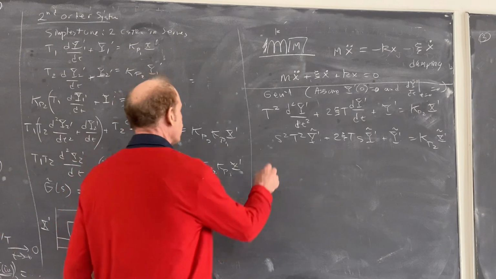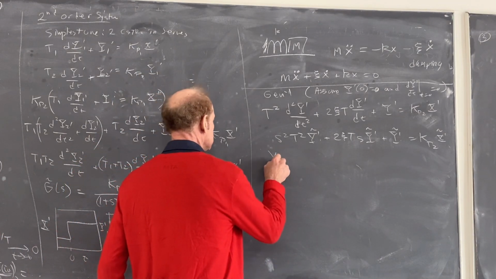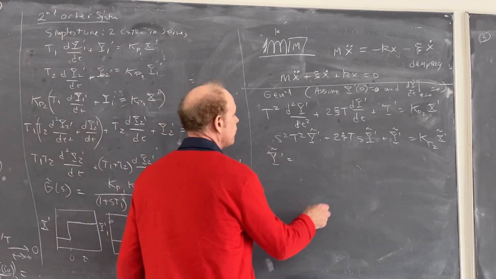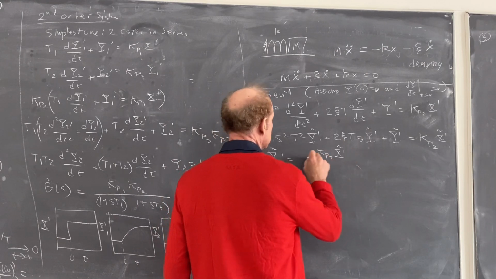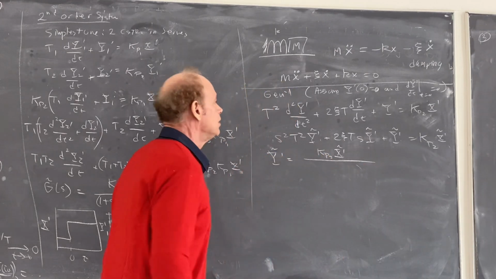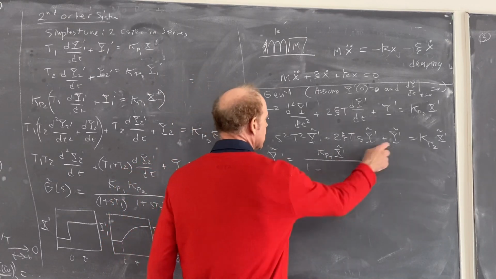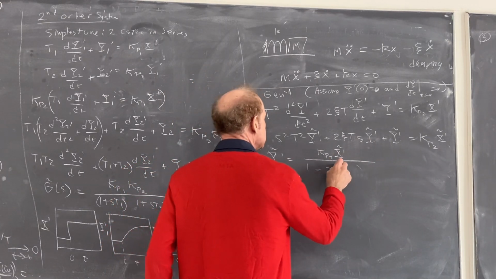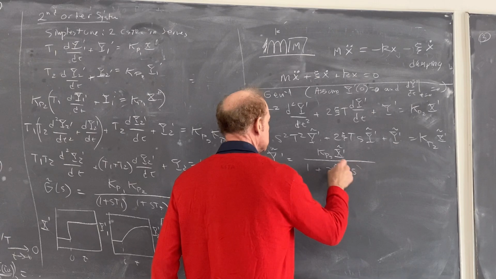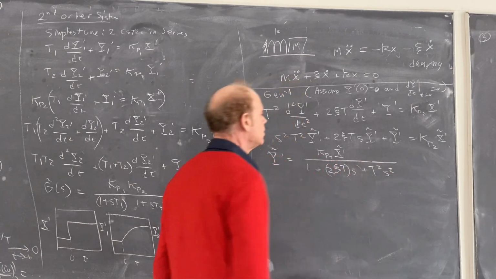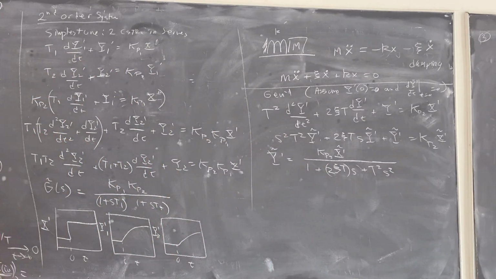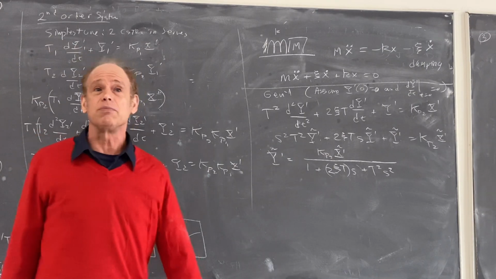I can factor out the y prime tilde. And that's equal to kp2 x prime tilde divided by a polynomial. 1 plus 2cts plus t squared s squared, which is a polynomial in s. Well, that's okay. I like polynomials. Why do I like polynomials?